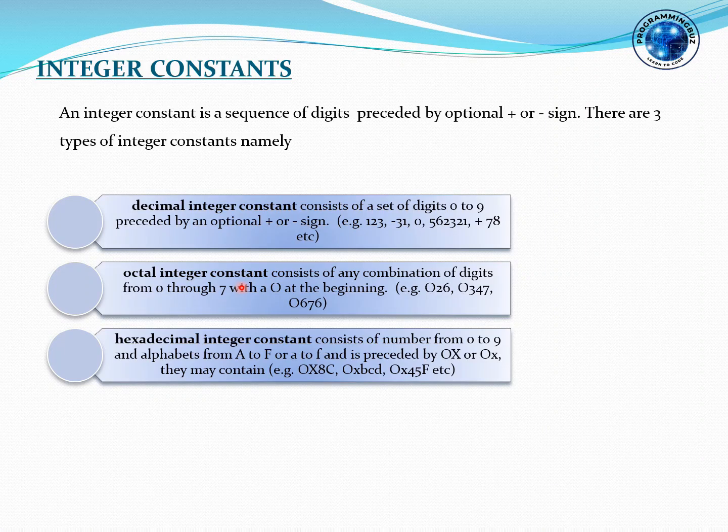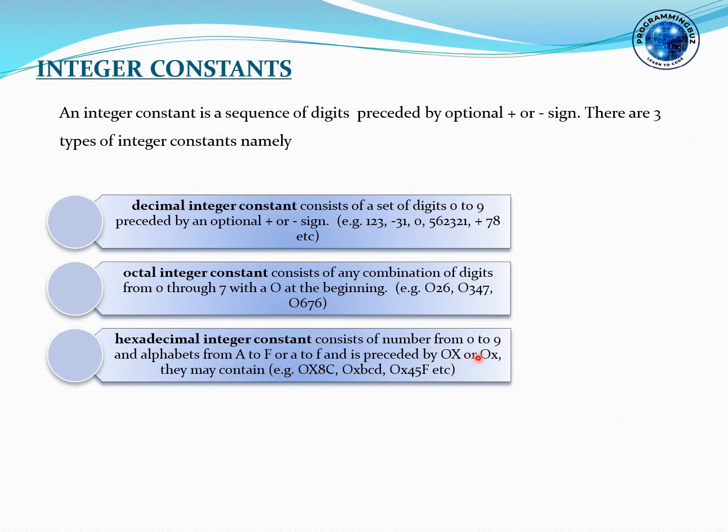The next type of integer constant is the hexadecimal integer constant, which follows the hexadecimal number system, and it contains the numbers from 0 to 9 and the alphabets from A to F. This A to F can be in small case or capital case; here capital or small case letters don't matter.